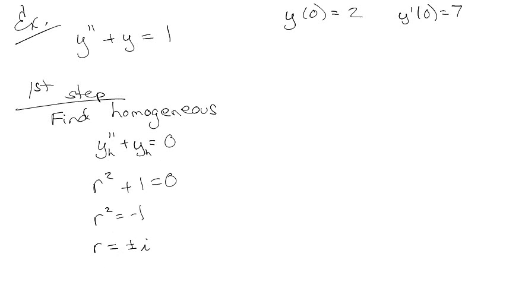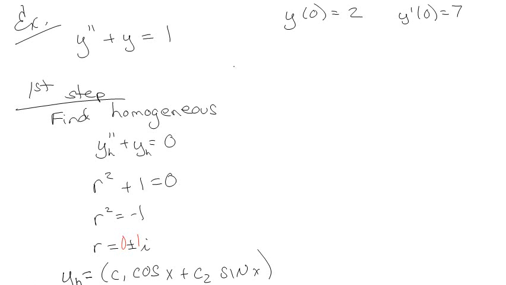I'm going to say 0 ± i, because we know the general form for this is y homogeneous = e^(0x), and then C1 cosine of 1x, so cosine of x, and then C2 sine of x. I'm going to get rid of the e^0 because we know that's a 1, so I just have that y homogeneous = C1 cos x + C2 sin x.